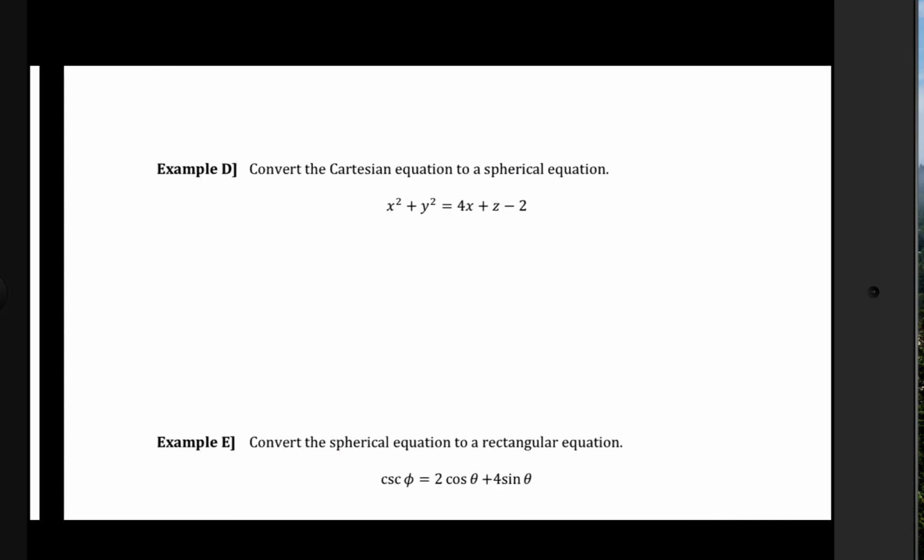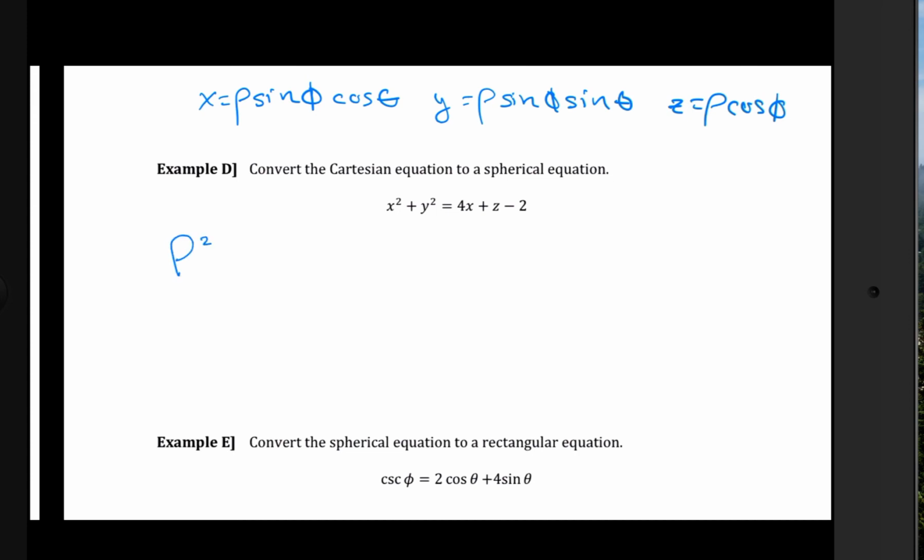All right, now let's look at converting Cartesian to spherical equations. And if it helps to have those conversions up here, if you're not familiar with them yet: x equals rho sine phi cosine theta, y equals rho sine phi sine theta, and z equals rho cosine phi. So converting Cartesian to spherical, I'm really just going to do a straight substitution here and see what I come up with.